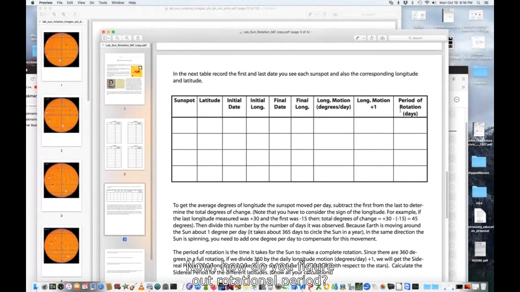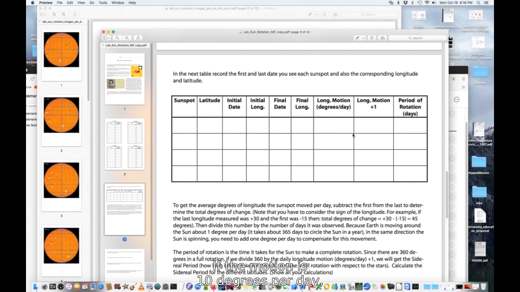Now, how do you figure a rotational period? All right? What you do is you take whatever this number is. Let's say this number right here is 10 degrees per day. So use logic. If I tell you the rotation is 10 degrees per day, then how many days would it take to complete one complete rotation, which is 360 degrees?